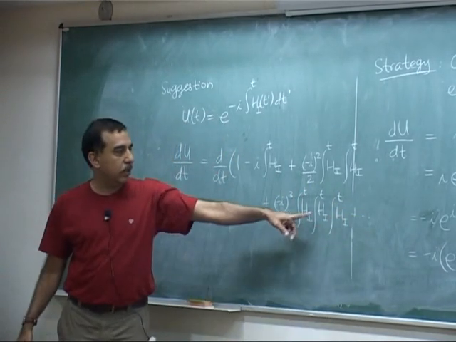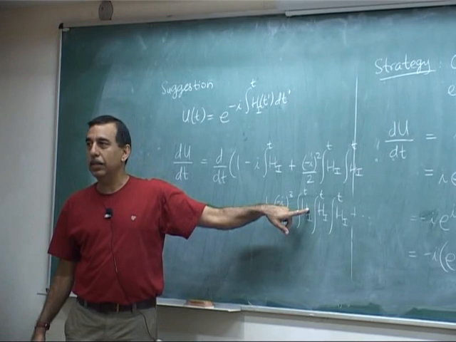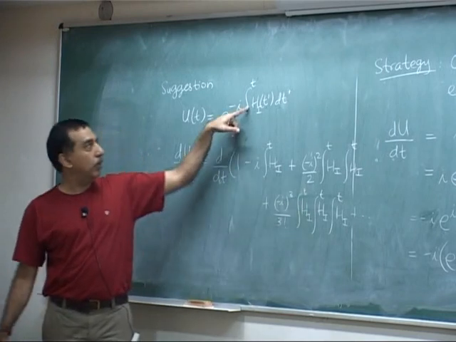The argument here is not the same. This is a dummy variable. This is the same t. I am expanding one quantity, right?